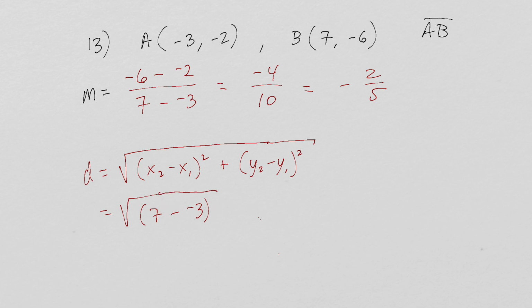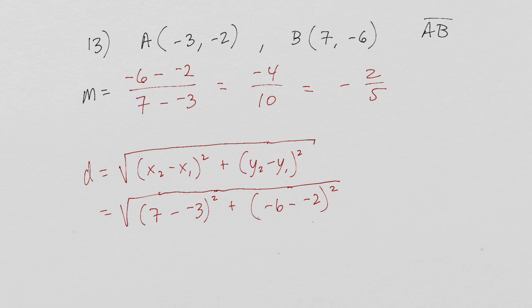Notice that this stuff was that stuff over there, okay? And we're squaring this. And y2 is negative 6, and y1 is negative 2, like this. And notice that this stuff was that stuff there. So if you did this already, you really didn't have to do all the work here.